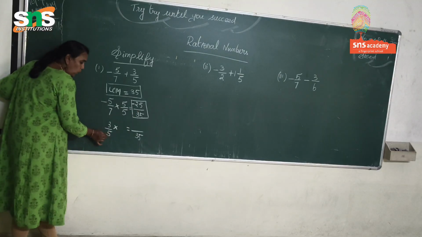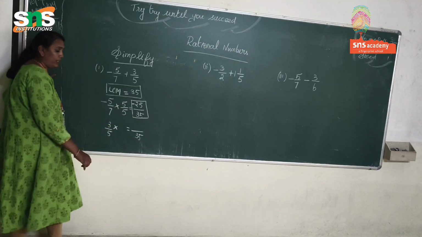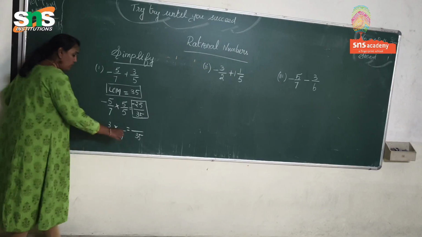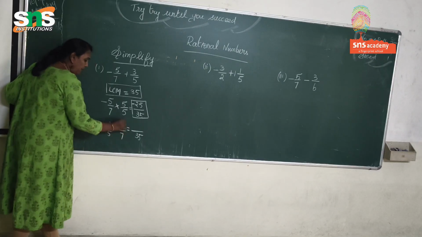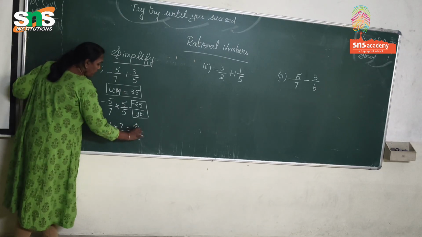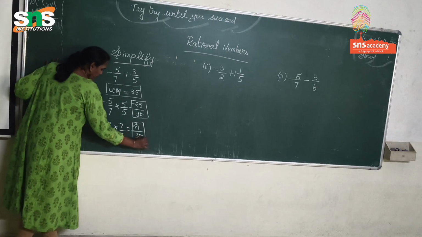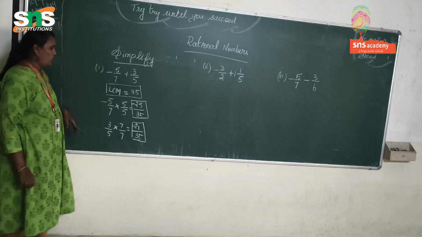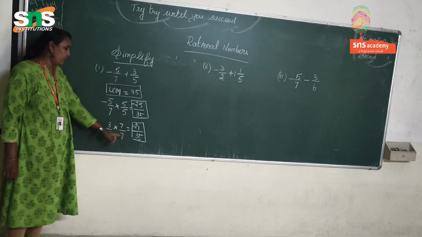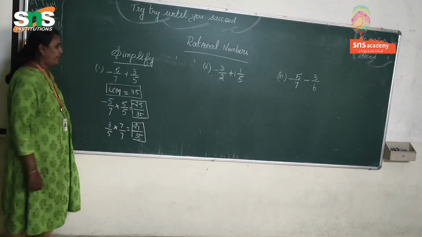The next one, how many 5s are 35? We are multiplying by 7, 5 sevens are 35. The same 7 should be multiplied here also. So 3 sevens are 21. So the equivalent rational number for the second rational number is 21 by 35.